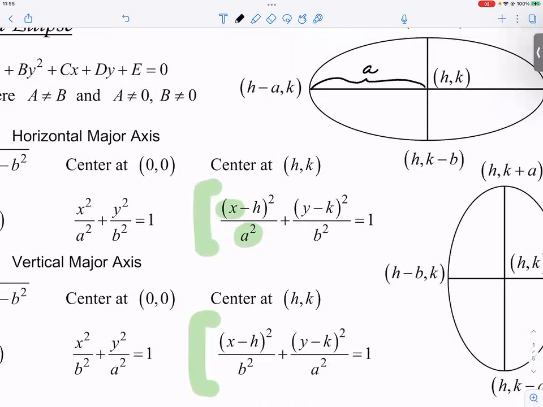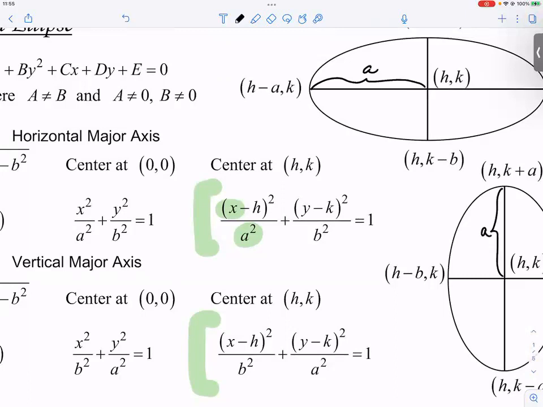Do not just think about, oh, it's the major axis. Make sure that you have a picture. You can label it, and you can say to yourself that it is the distance from the center to the end of the major axis. That's the A, whether it is horizontal or vertical.